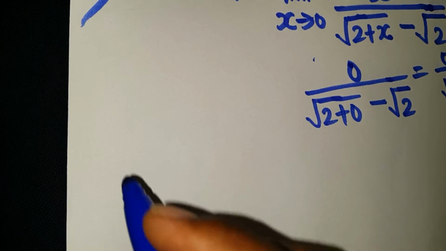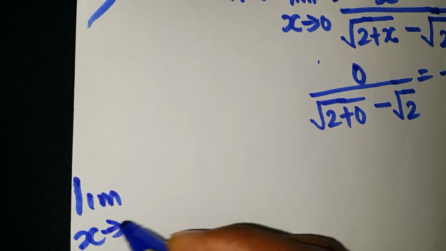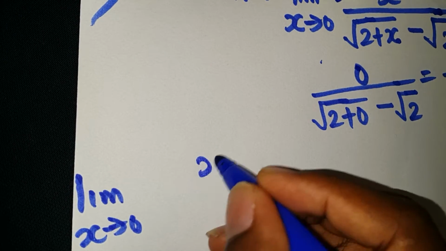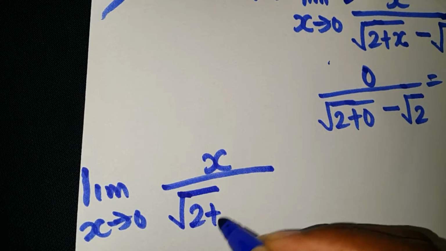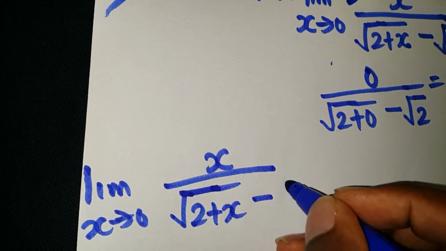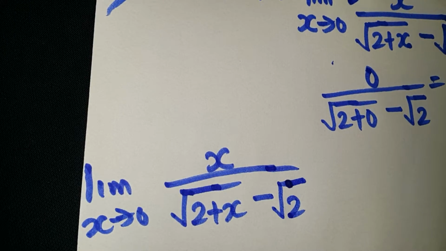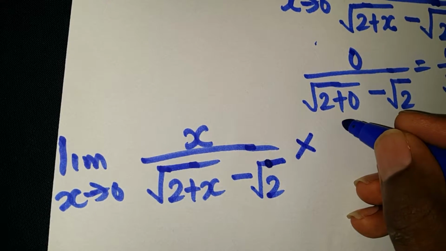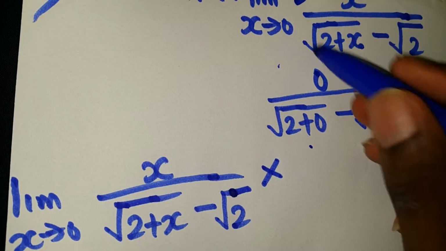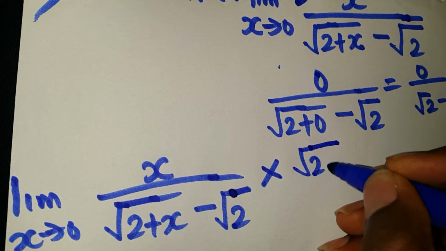Let's write out our function again. Limit x tends to 0, x divided by root 2 plus x minus root 2. Then we multiply it by our complex expression, which is the one in the denominator. We have root 2 plus x.